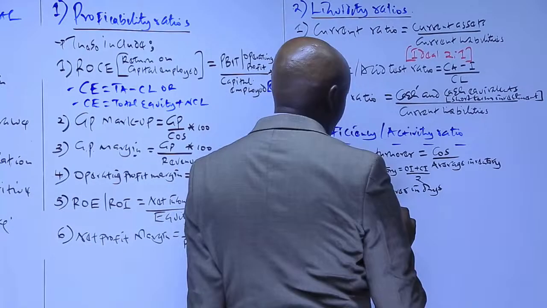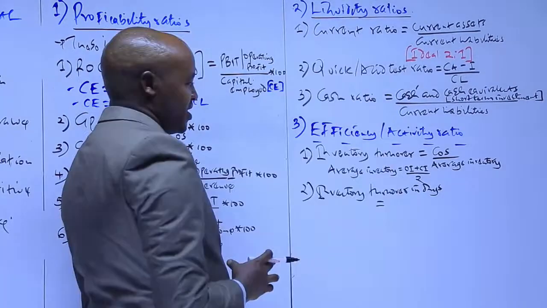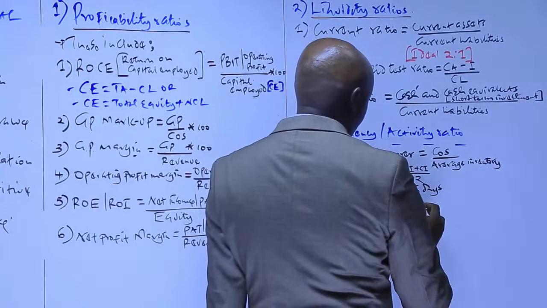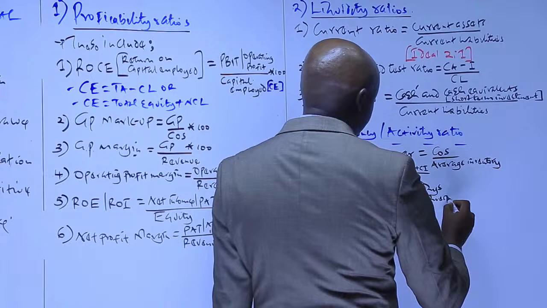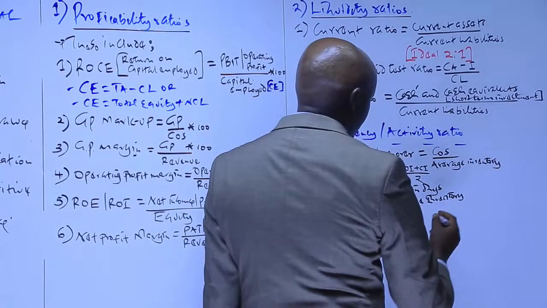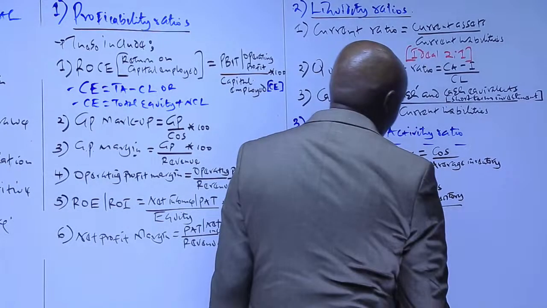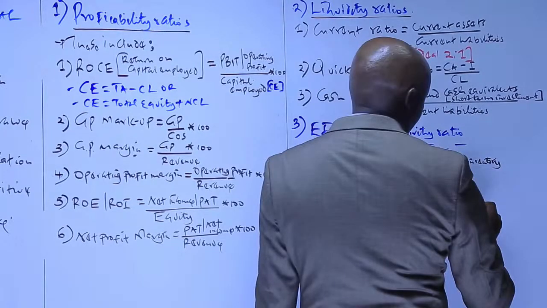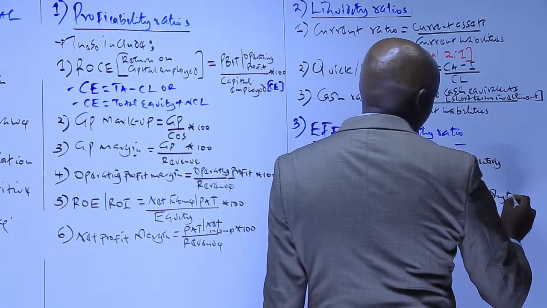I mean, the number of days the company takes to make sales. So in terms of how we compute this, we take the average inventory, then we divide all that with the cost of sales times the number of days in a year. Usually you'll be told to use 365 days.